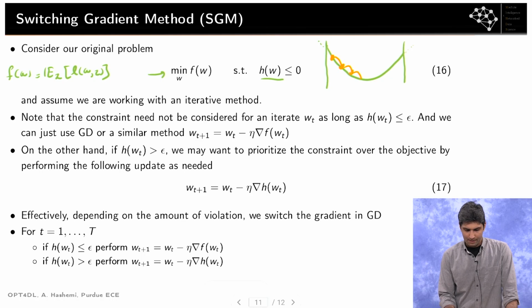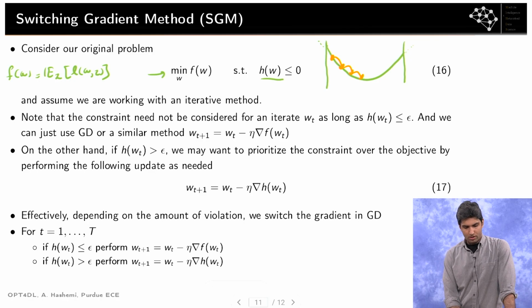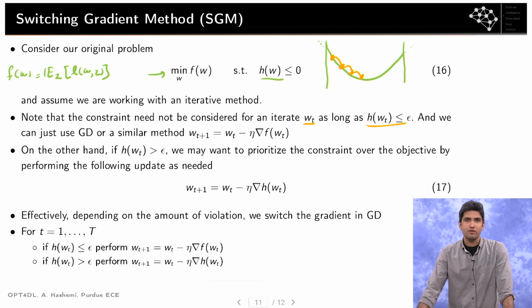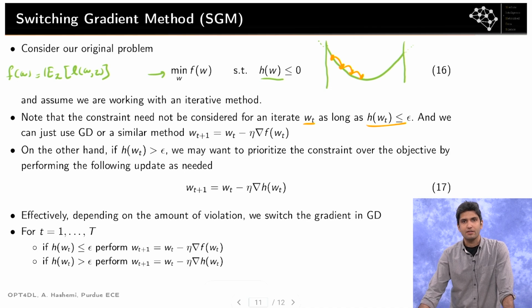I can just continue applying gradient descent with respect to only the objective to update my variable. So therefore, intuitively, the constraint need not be considered for an iterate wt as long as our solution is sufficiently feasible. By sufficiently feasible, I mean that h of wt is less than some predefined threshold epsilon.